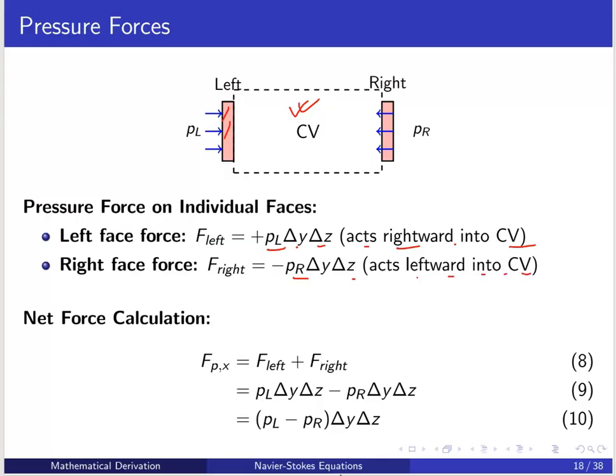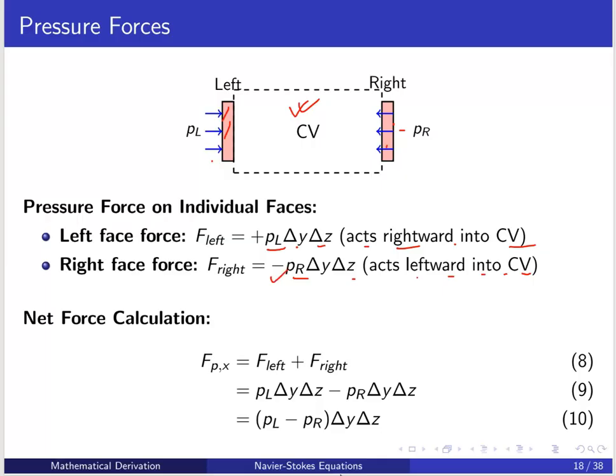So pressure always acts inward to the surface. Here it is P_L into the left surface and P_R into the right surface, in the negative x direction, so that's why the minus sign is coming.